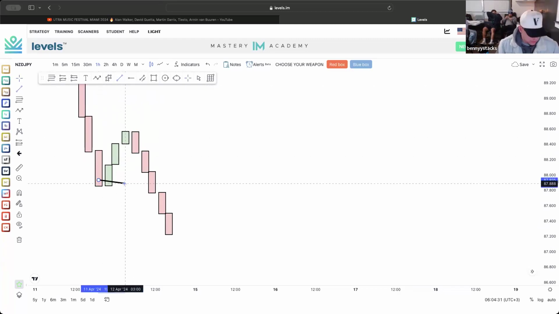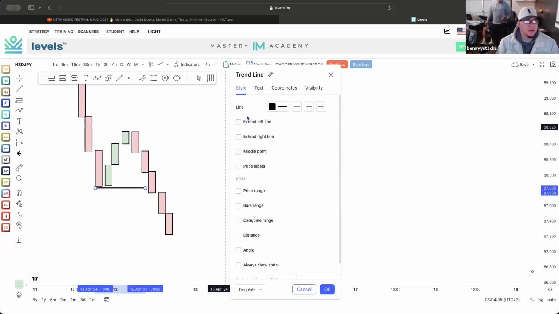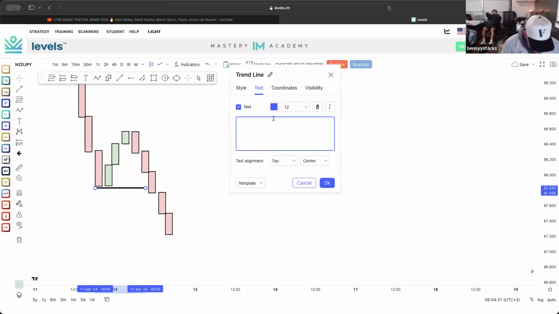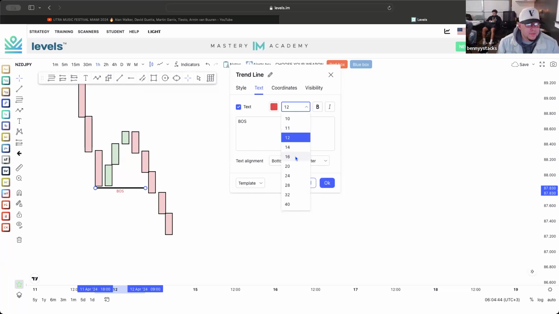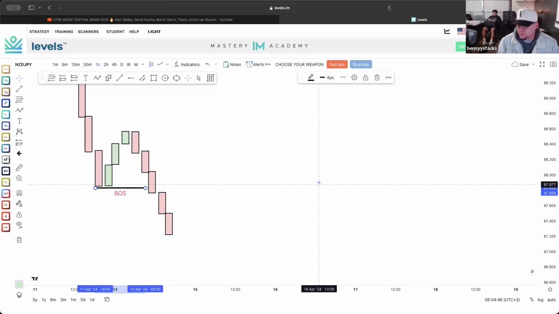News really hit. So this is what we got right here. We have a BOS, right? Let's label this: bearish BOS. Let's make this a little bigger. Cool. So we got a bearish BOS.